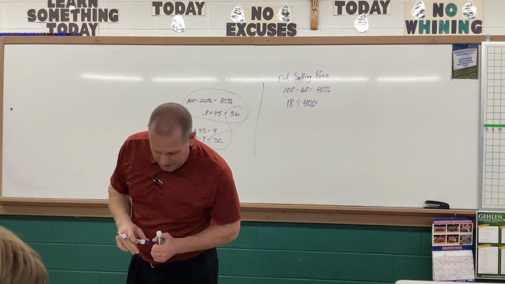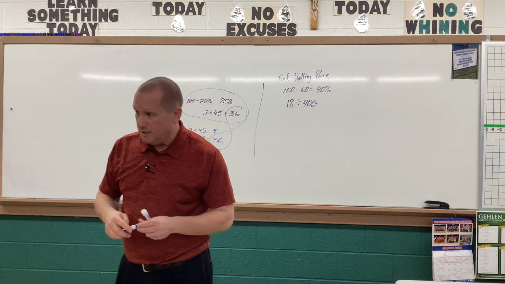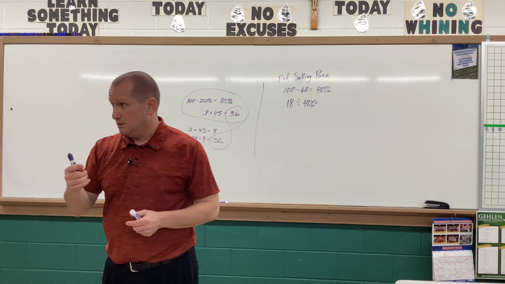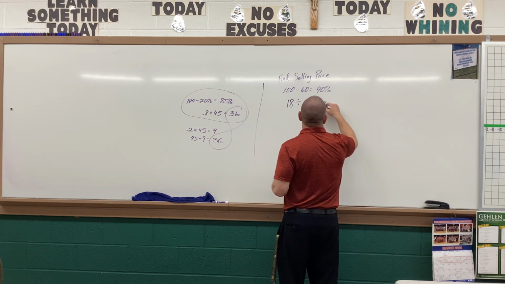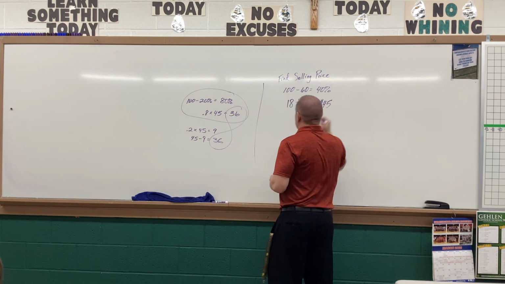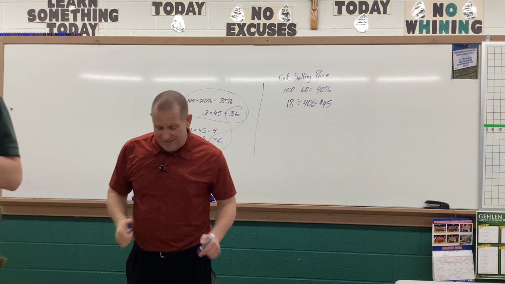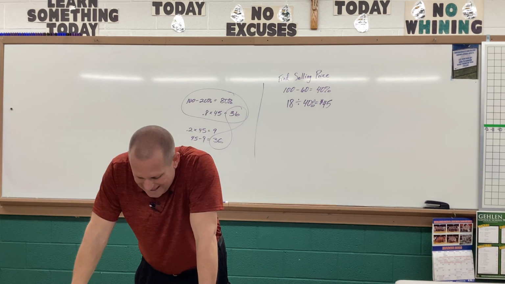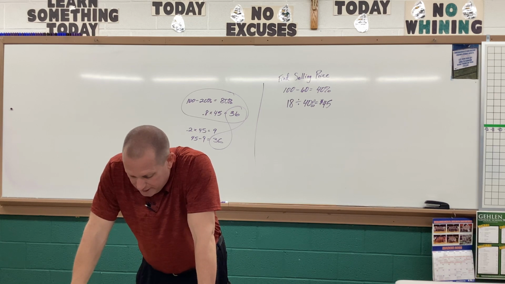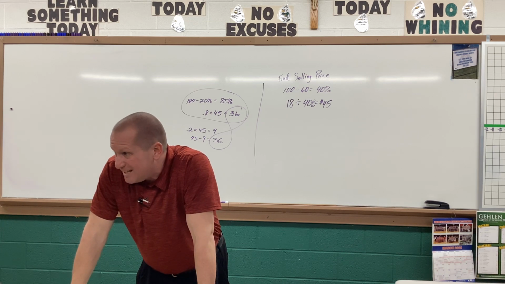So when you punch this into your calculator, you're going to move your decimal, divided by 0.4. So what did you get? 45. Notice this now. It's $45. Okay, so look at it. The cost of a half ounce of perfume is $18. We want to mark it up 60%, so what is the selling price?